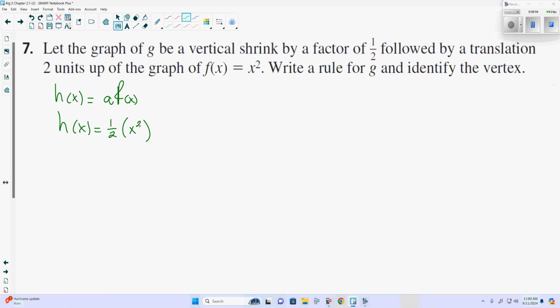Same thing as last time, x squared. So we multiply this, it would give us 1/2 x squared. Questions on this here? Done.